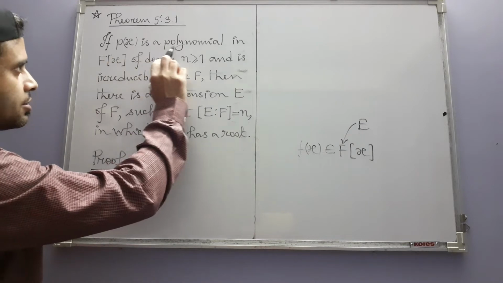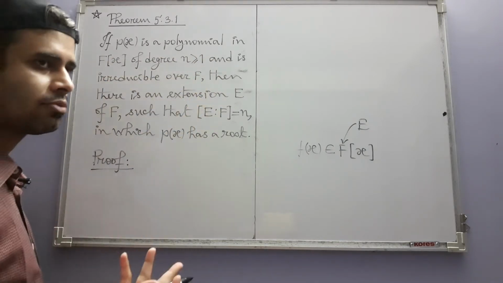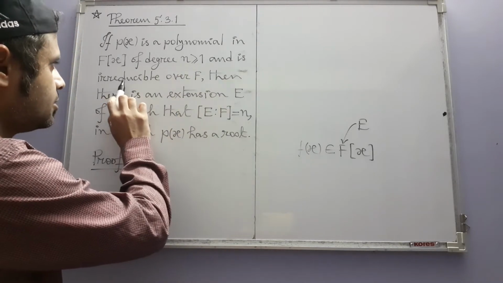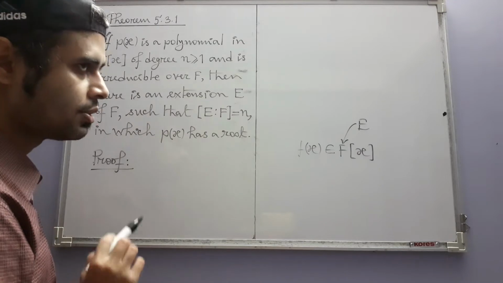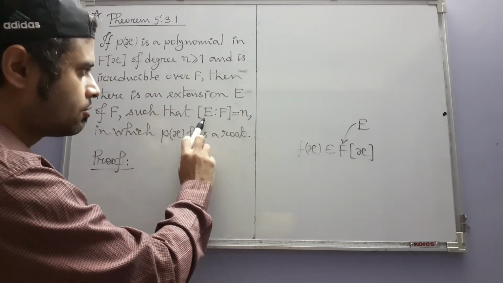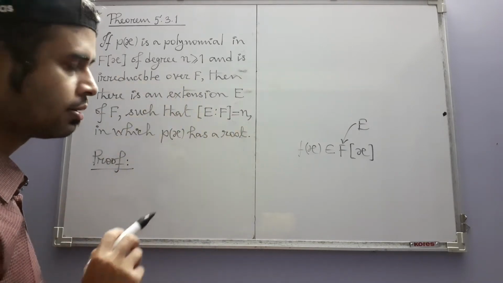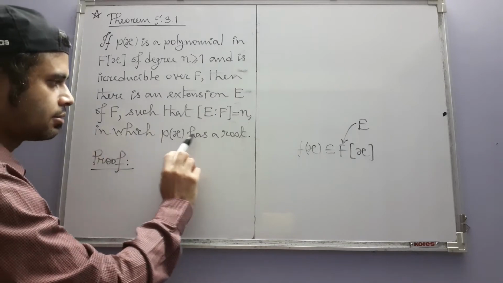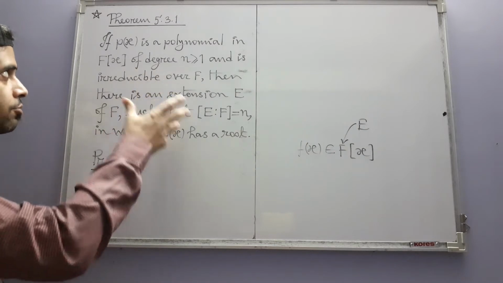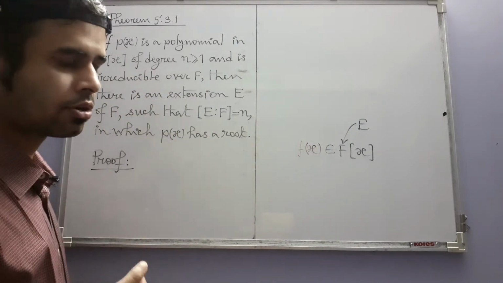If p(x) is a polynomial in F[x] of degree n, it should be of positive degree, n is not equal to 0, and is irreducible over F. Then there is an extension E of F, and that too an extension whose degree over F is equal to n, equal to the degree of the polynomial, and which has a root of this p(x). So once we prove this theorem, then this general case will come as a corollary.